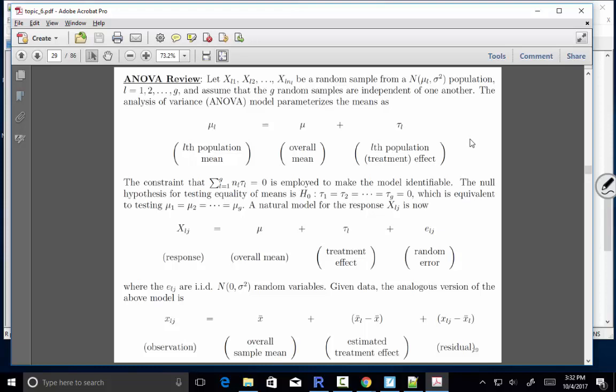A little bit different from the way we have presented things so far is to write down a model. This is a model that says the population mean in the L comparison group is equal to an overall mean plus a deviation or treatment effect specific to the L comparison group.